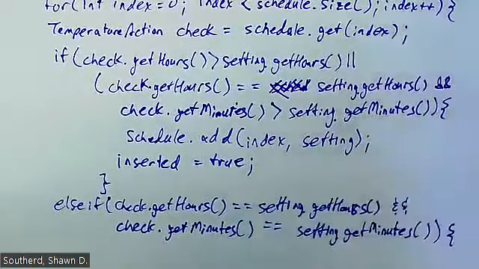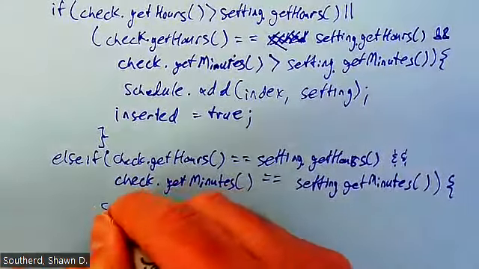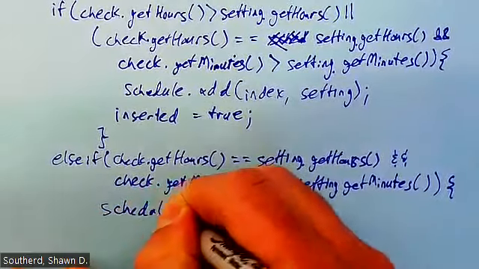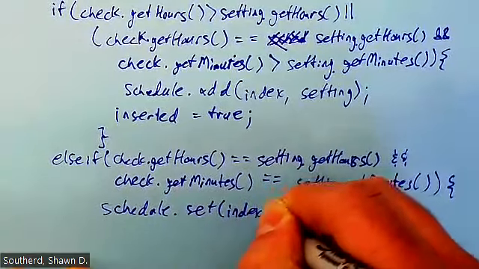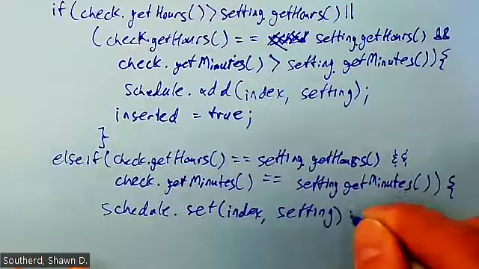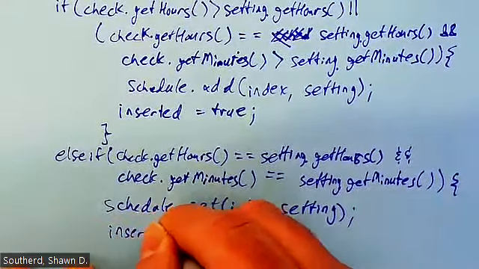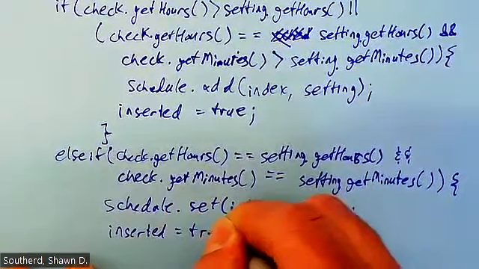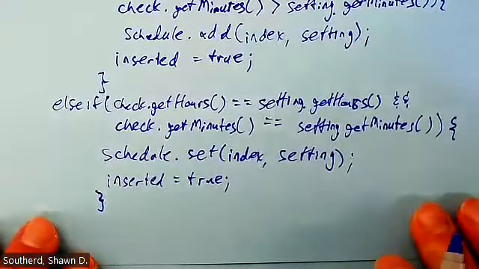And in that case, we're going to go ahead and set, right? Because we need to overwrite that element in schedule using the index value that we have, the current setting that's coming in. So that's going to overwrite it. And then lastly, I need to set inserted equal to true and close out the else if.